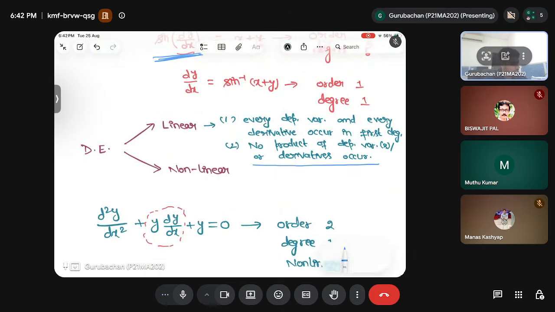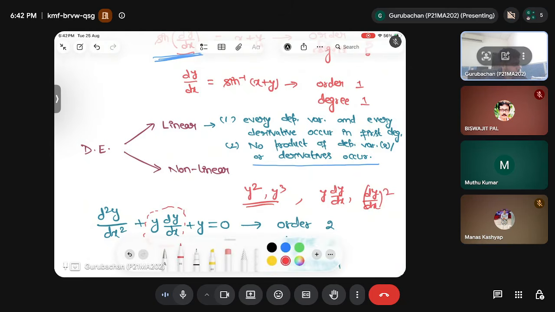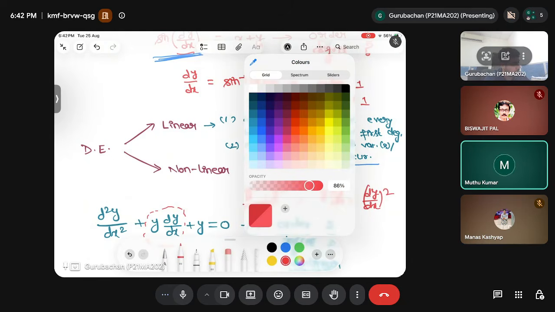I am saying there should not be y square, y cube type terms, and there should not be y dy by dx type terms, or dy by dx whole square either. Is it clear now? What is the meaning of no product of dependent variables and its derivatives?